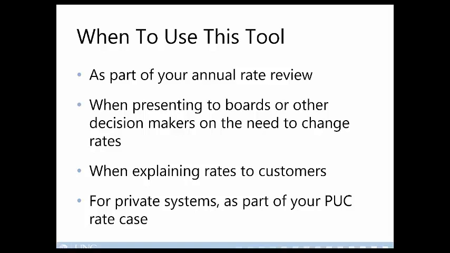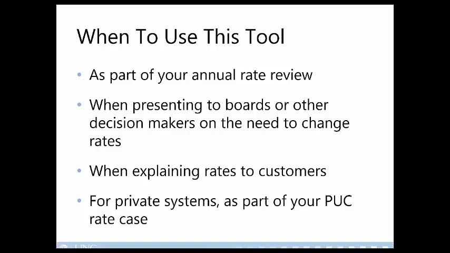Obviously, the Utilities Commission and the Office of Consumer Advocate have a very specific process they go through when approving rates. They're going to look at your test year and dig through your data. They're going to ask you to spread out the cost of capital improvements or repairs over time, and look at approving debt. I don't think this tool is going to significantly change that process in any way, but it is a resource available to you as part of those discussions.